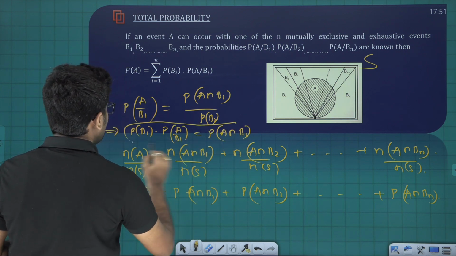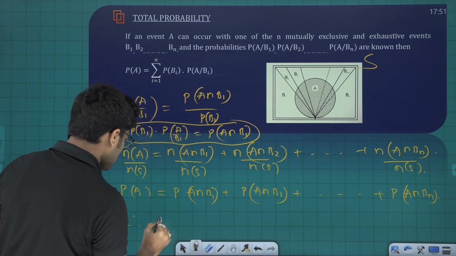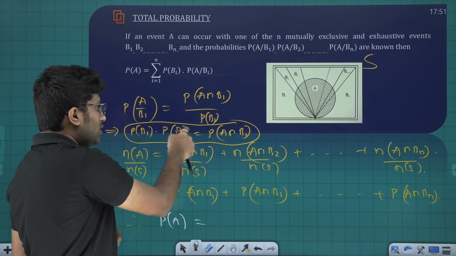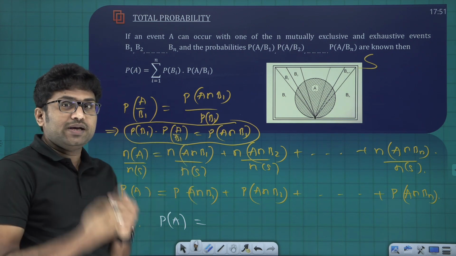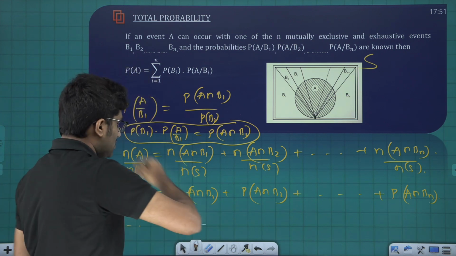If we substitute this, then finally we get P of A is equal to P of B1 into P of A given B1 plus P of B2 into P of A given B2 plus P of B3 into P of A given B3 and so on.